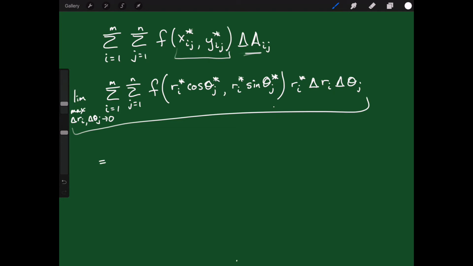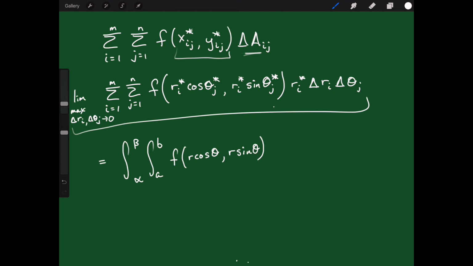And that double integral just happens to look like the integral from alpha to beta of the integral a to b of f of xy. But in this case, xy is now in the form of r cosine of theta, r sine of theta.